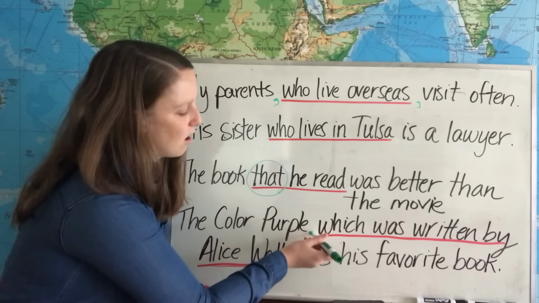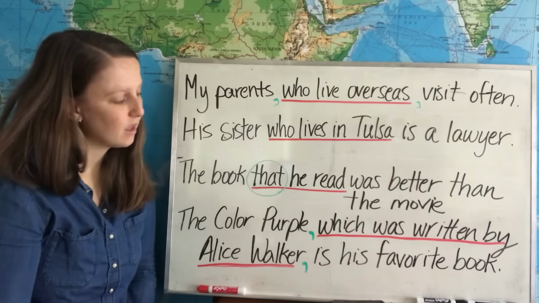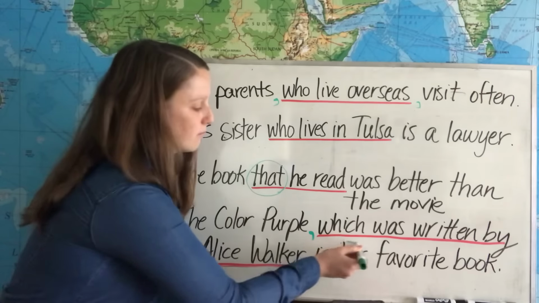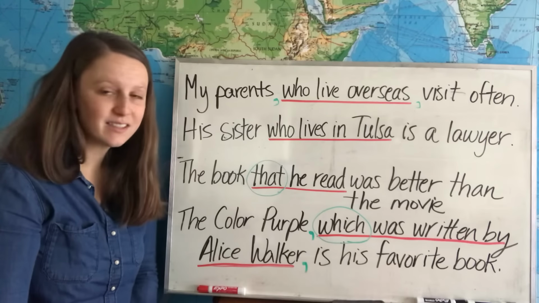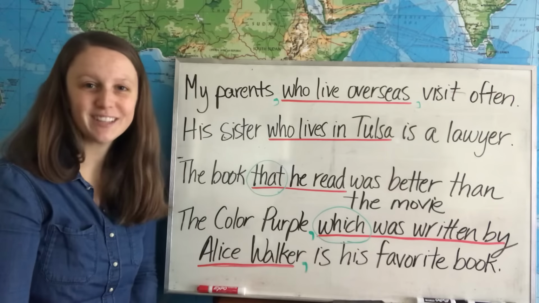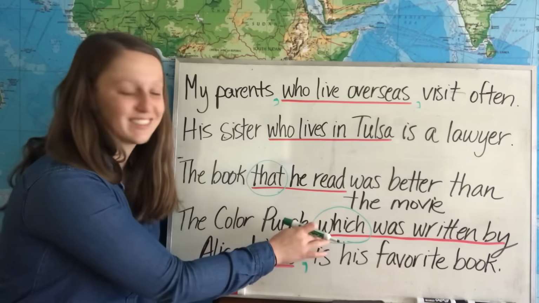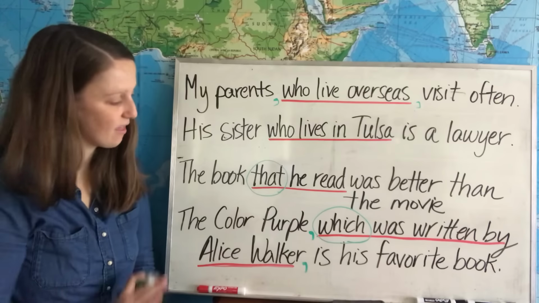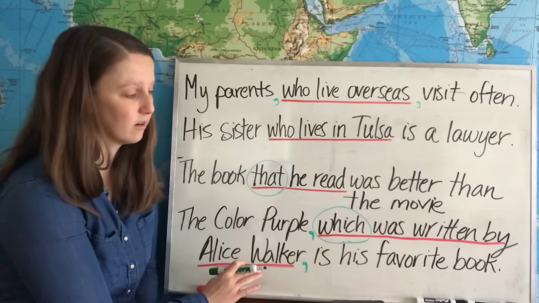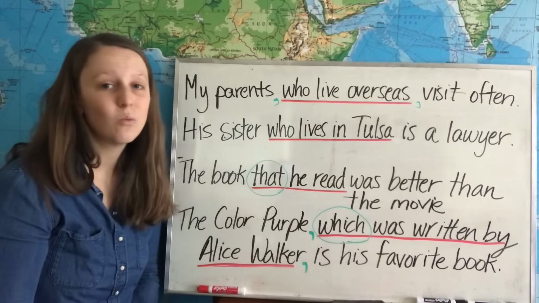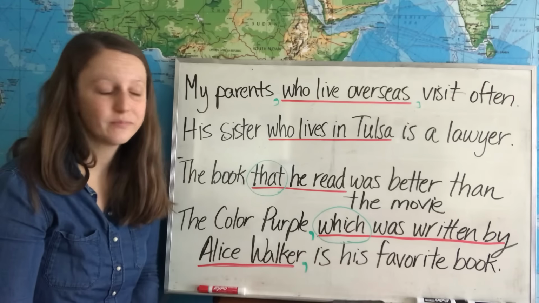So we'll add our commas. So you can see we used the relative pronoun which here. Because this is a non-restrictive adjective clause, we cannot change this to that. We cannot say The Color Purple that was written by Alice Walker is his favorite book. We cannot use that for non-restrictive adjective clauses.